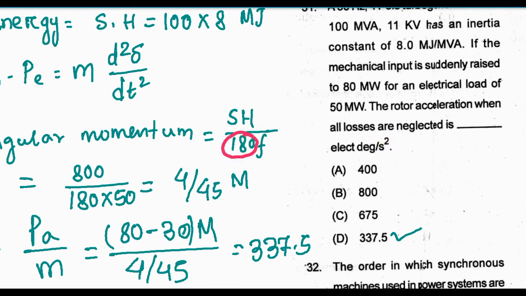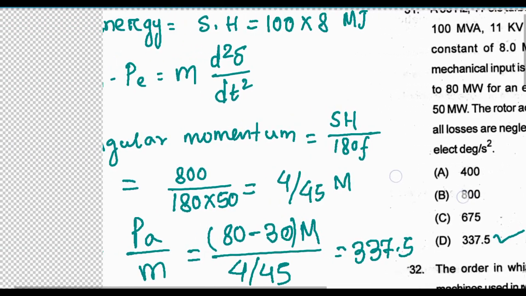If nothing is given, we have to put pi and calculate with radians, and we will see in another question how we calculate with pi. So here, as given in electrical degrees, we have to put 180 degrees.